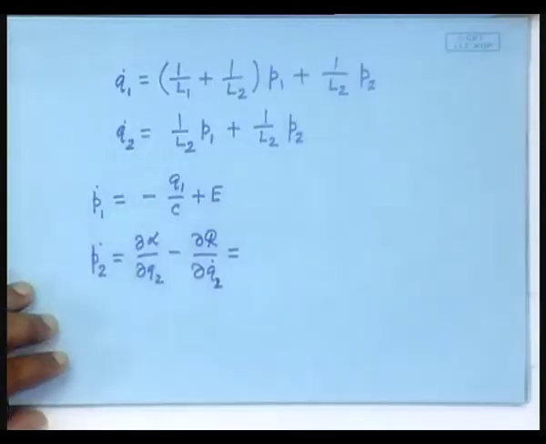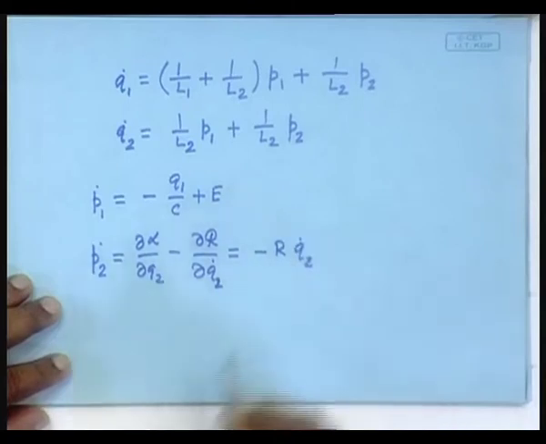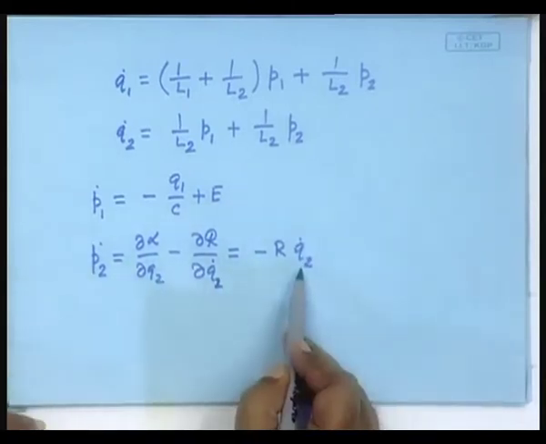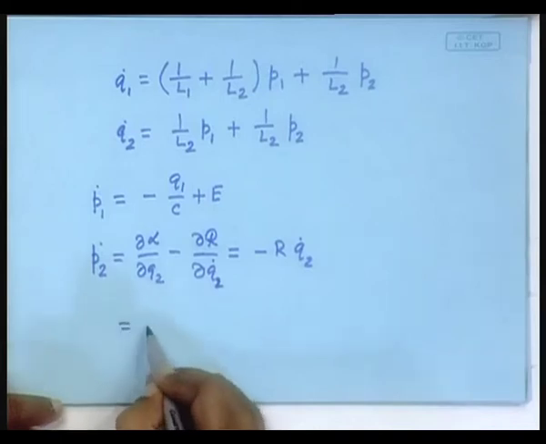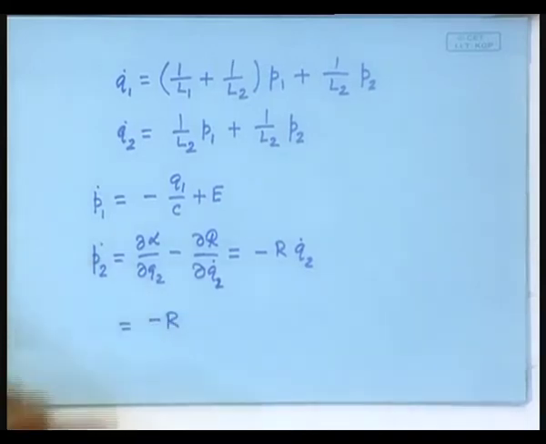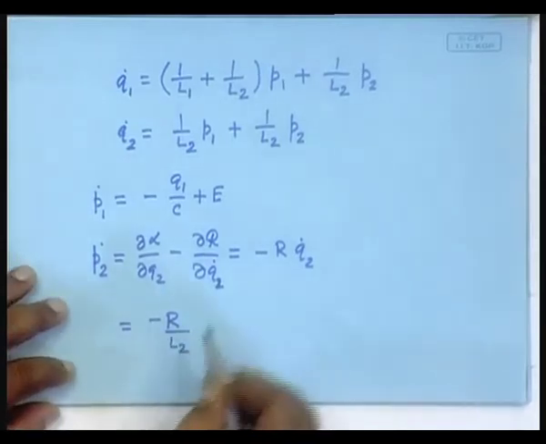So, it is minus R q 2 dot, but now you have the q 2 dot in the right hand side, that will have to be substituted. So, just put it in here. So, it is equal to minus R into all this stuff, R by L 2 we can write.